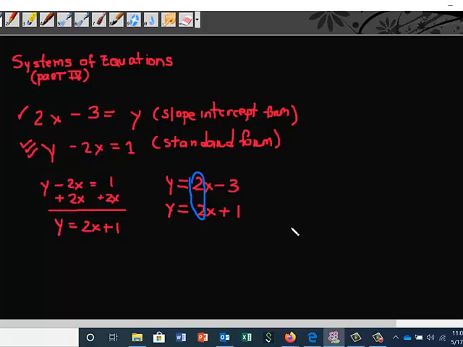When the graphs, the lines, are parallel to one another, they will never intersect. So it will never render a solution, because the lines will never intersect with each other.